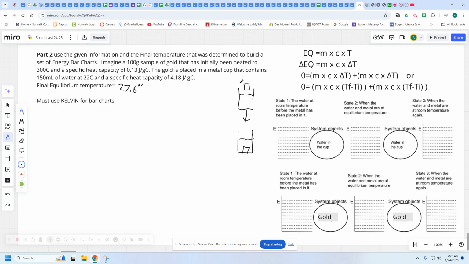So I'm just going to do the temperatures off of the drawing I sketched over on the right. The temperature of the gold in the beginning is 300 degrees Celsius, but if we add 273 to the gold, as long as my calculations aren't wrong, you guys should end up with 573 Kelvin.